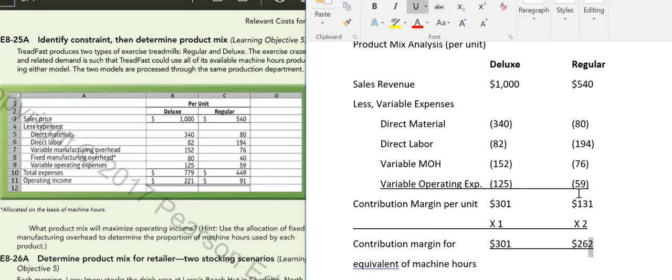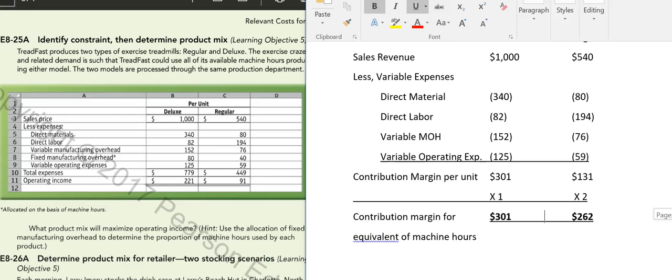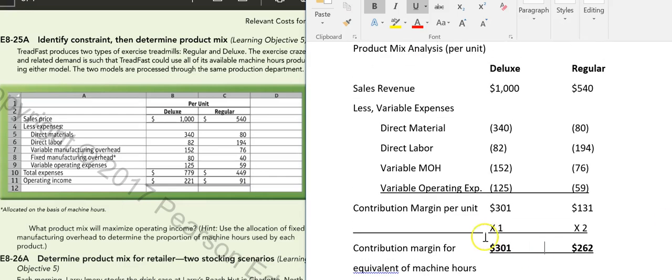After incorporating our constraint and the double regular production, we still see that deluxe is making more profit.